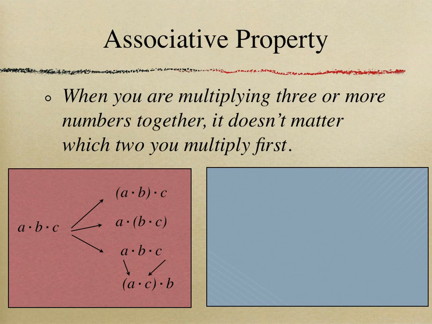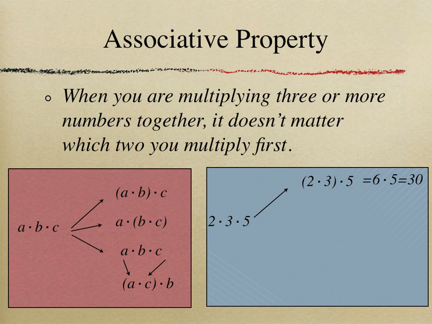Here's an example with some actual numbers to help. 2 times 3 times 5. Let's see what happens if we do this in a number of different orders here. If we multiply 2 times 3 first and then multiply our answer by 5, here's what we get. 2 times 3 is 6, and 6 times 5 is 30.